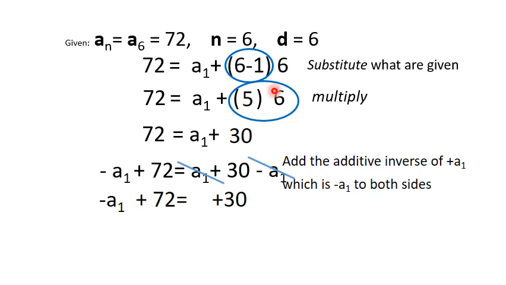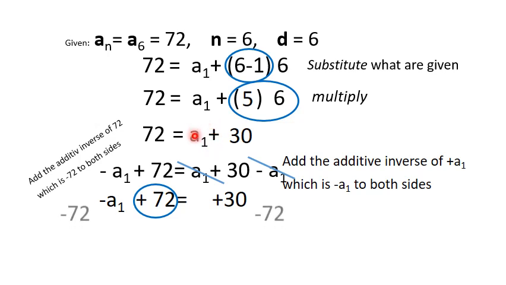Then we're going to eliminate 72 in the left side of the equation. Ganun din, gagamit tayo ng additive inverse. Additive inverse ng 72 ay negative 72. So, to both sides of the equation na naman. May eliminate natin o matatanggal, since it is equal to 0, ang negative 72 at positive 72. The remaining ay negative a sub 1 sa left side ng equation.